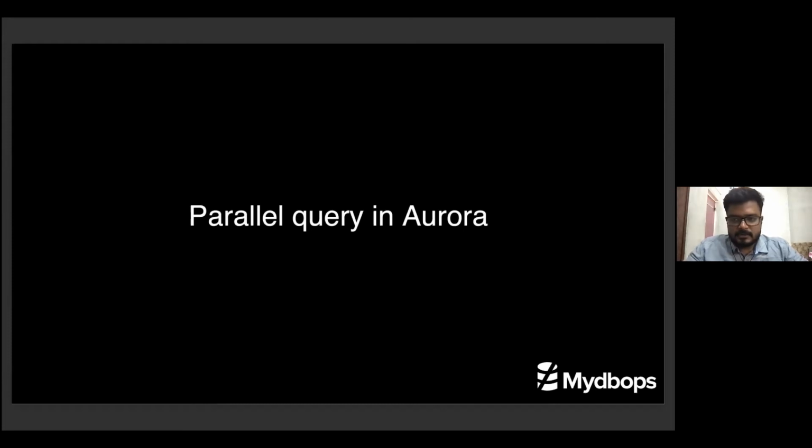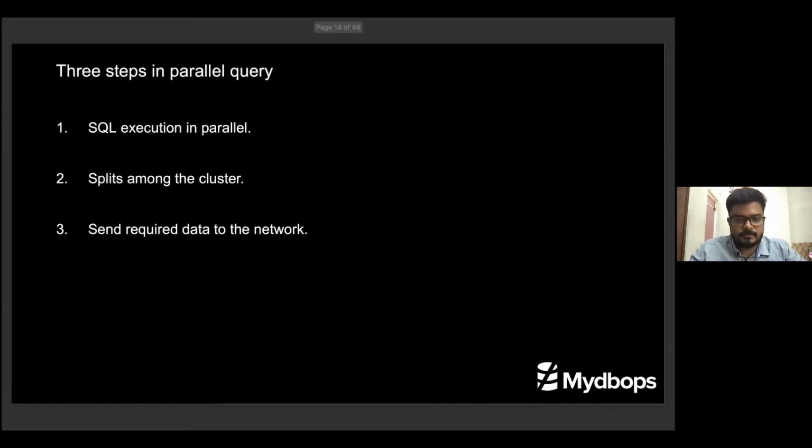Now we are going to focus on a particular feature, parallel query. As the name itself makes clear, the query is going to execute in parallel. But it won't execute in a multi-threaded way; it will be executed among the nodes.